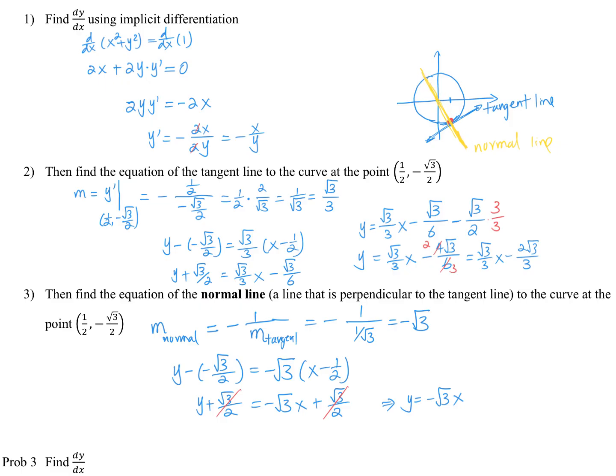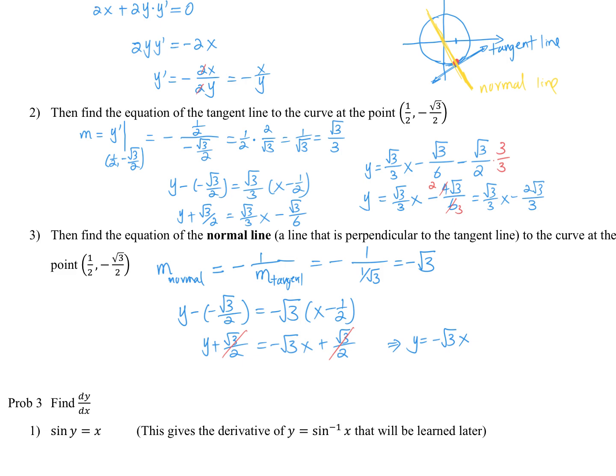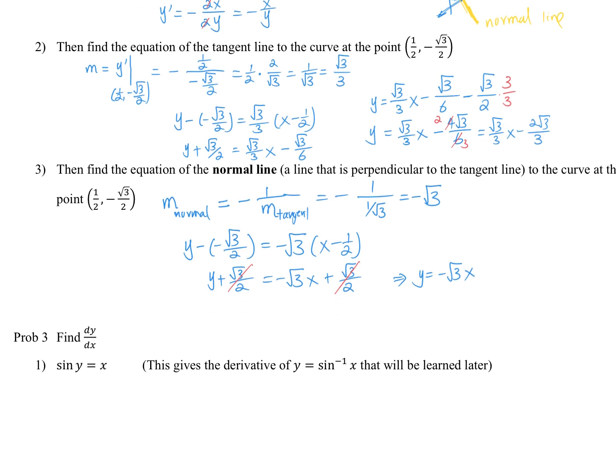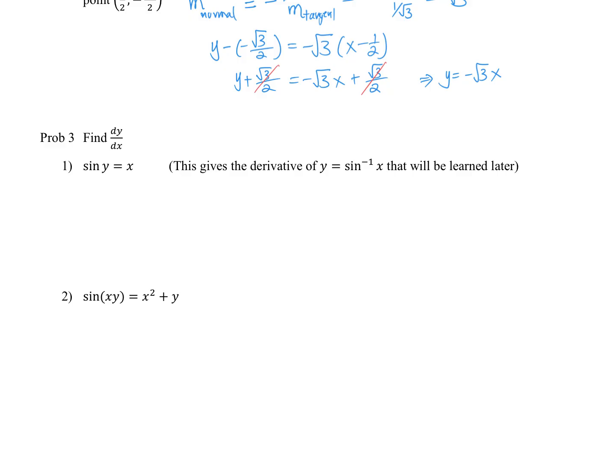Okay. All right, so we've seen one example of using implicit differentiation to find the equation of tangent line and normal line. Let's do some more examples and practice implicit differentiation. Implicit differentiation is pretty useful in deriving some other formulas.